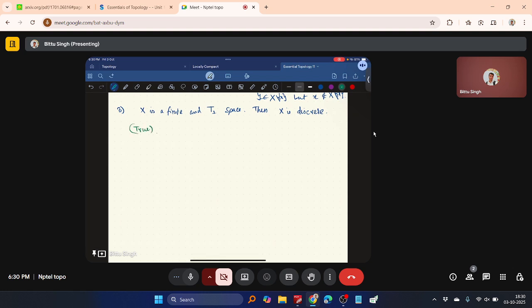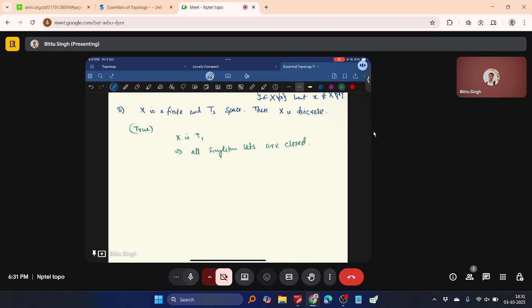Why? Let us see. X is a T1 space, so this implies all singleton sets are closed.